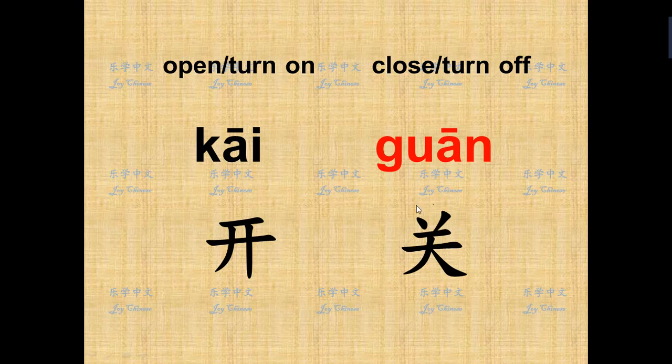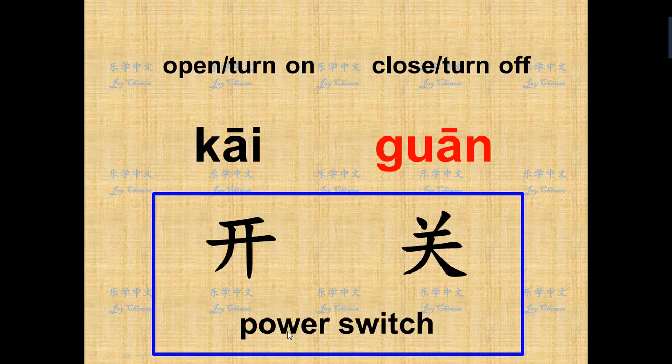Each of these characters has their own meaning. When you combine these two together, it has another meaning, means a switch, a power switch. 开关, that button they have on the wall to turn on and off the light or turn on and off something. 开关.